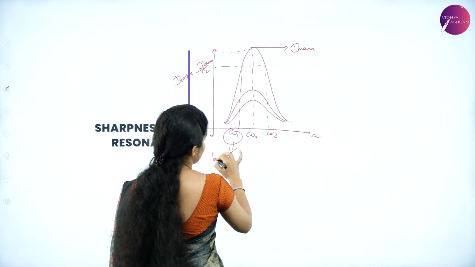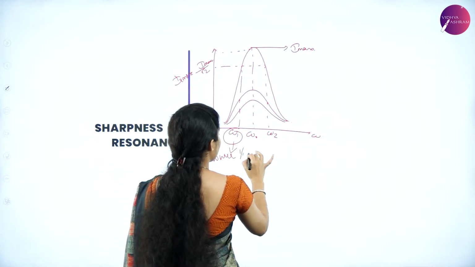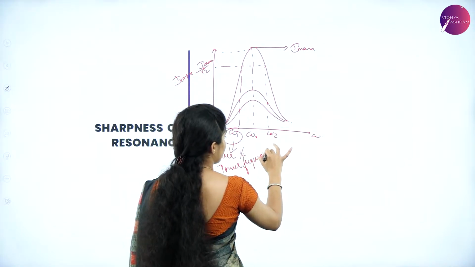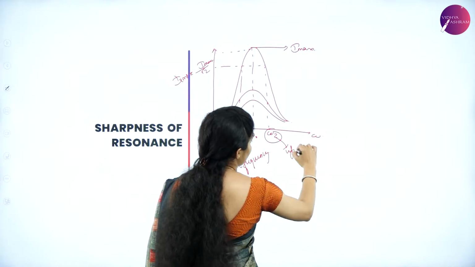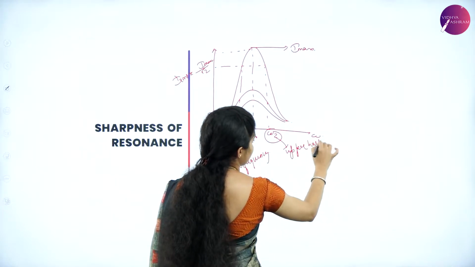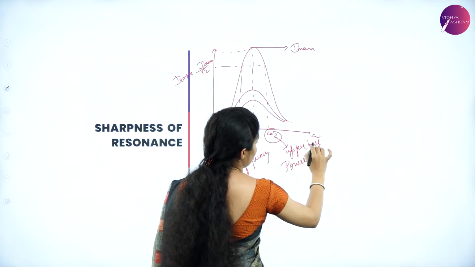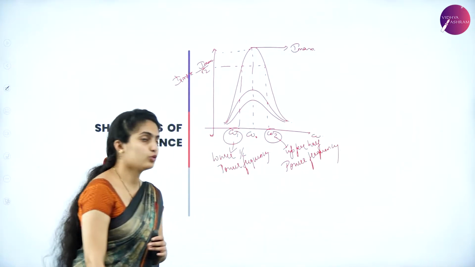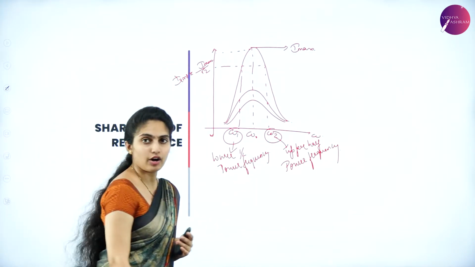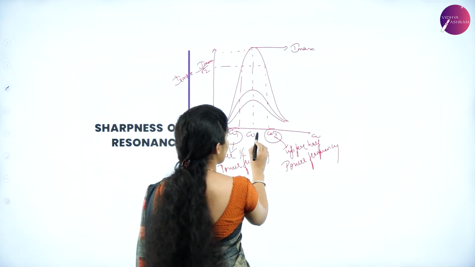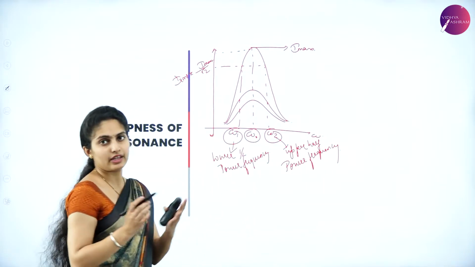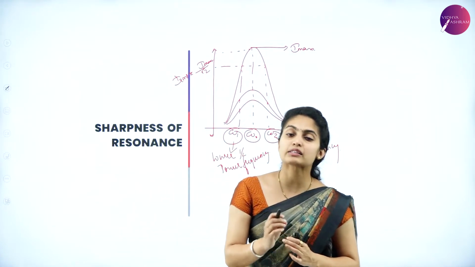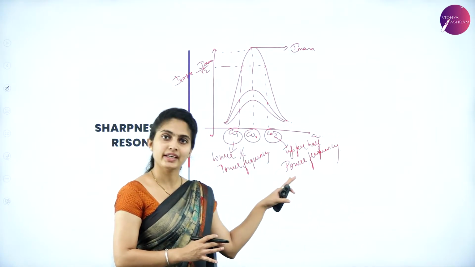This is called the lower half power frequency, and this is the upper half power frequency. The frequency which arises between the lower half power and upper half power frequencies is the peak frequency, for which the maximum current as well as maximum voltage can be identified.